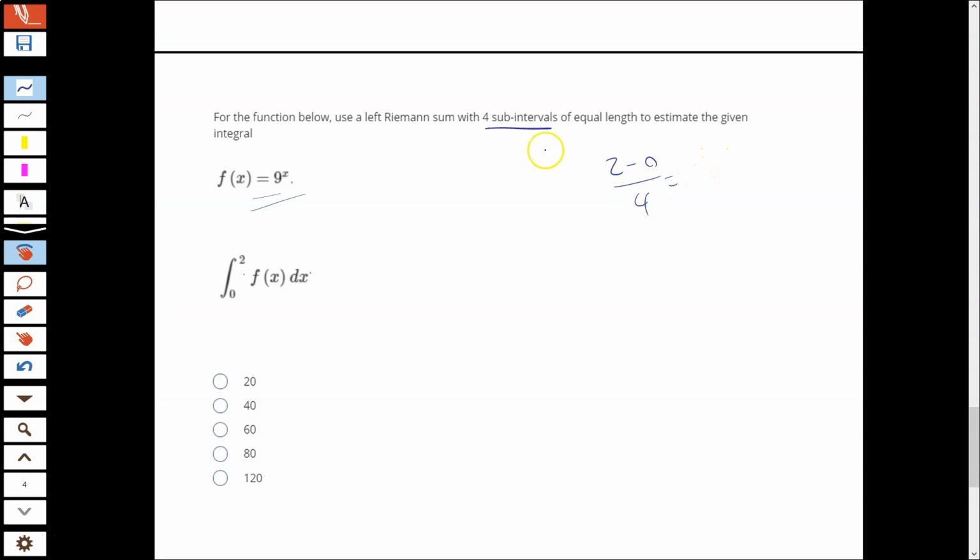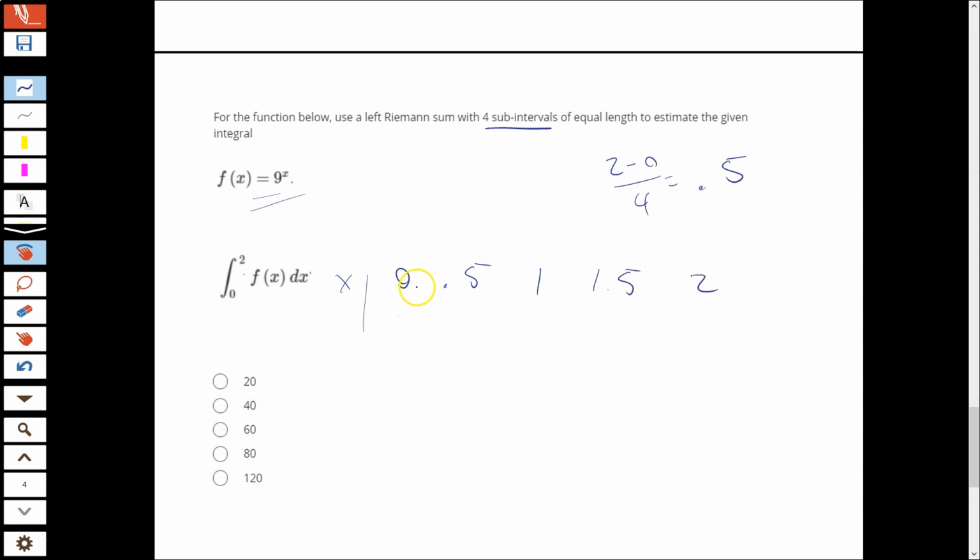So the bounds over 4 different subintervals. This is going to give you 0.5. That means our change in x is going to be 0.5 each time. So we're going to go from 0 to 2, changing by 0.5. So our x's are going to be 0, 0.5, 1, 1.5, 2.